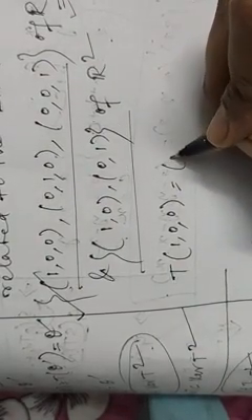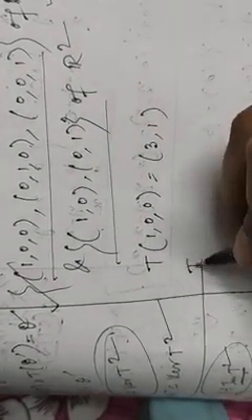The rule is, at first consider the basis elements of the domain set and find their images. So what will be the image of T of 1 0 0 under this rule given here? If you put 1 0 0, its image will be 3 comma 1. Similarly, find out the image of the other two basis elements.